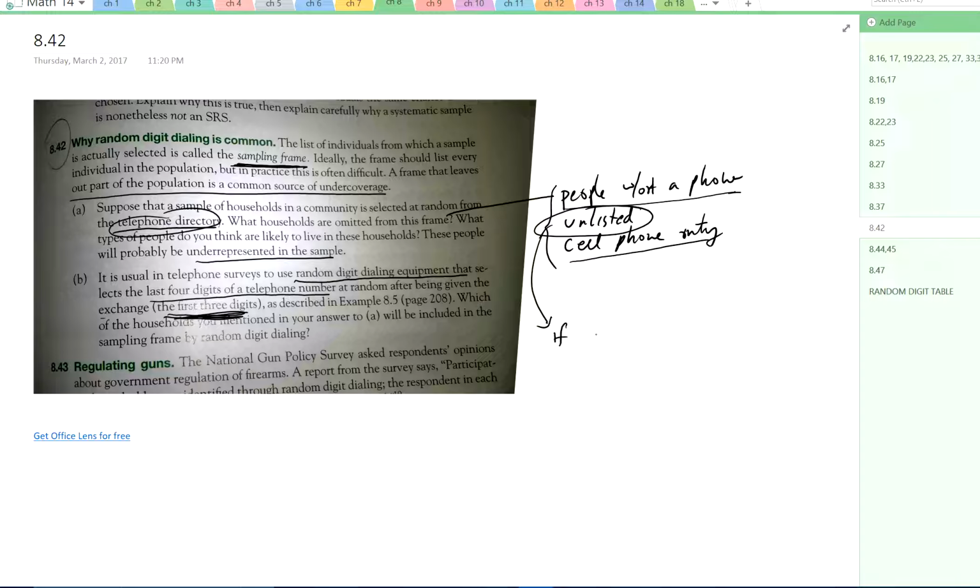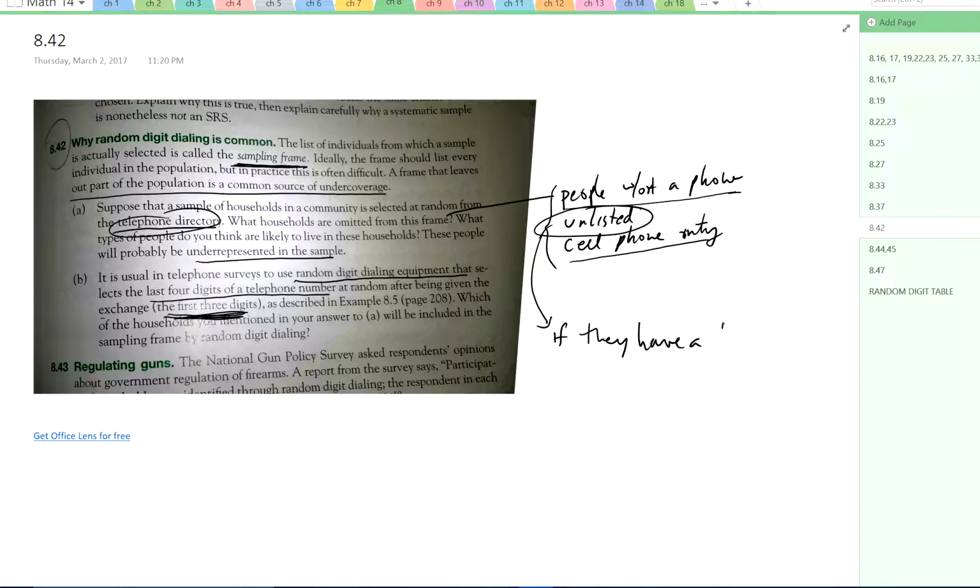Okay, so if they have a landline, they will now be included. Certainly the people without a phone won't be included, and the people that have a cell phone only still won't be included.